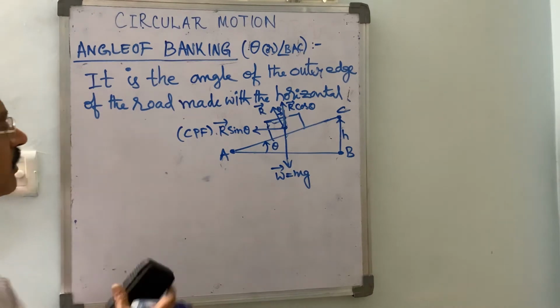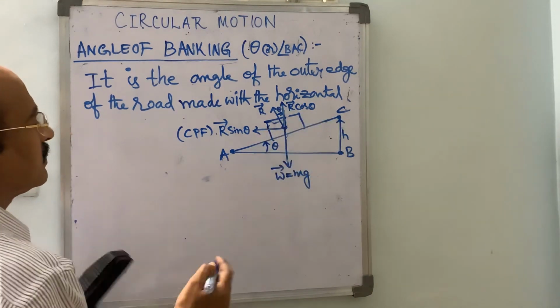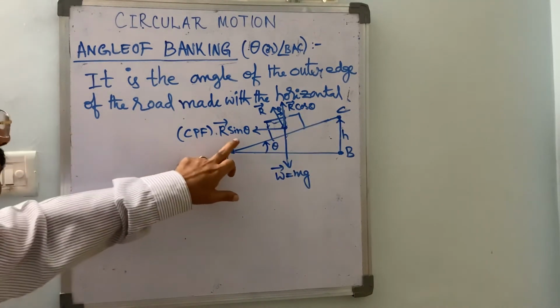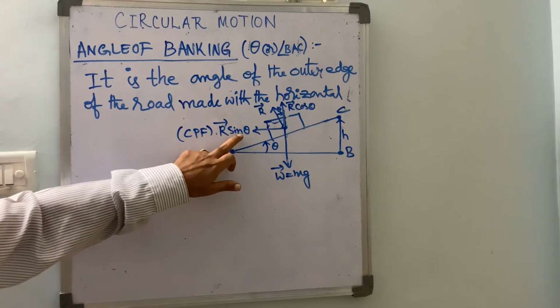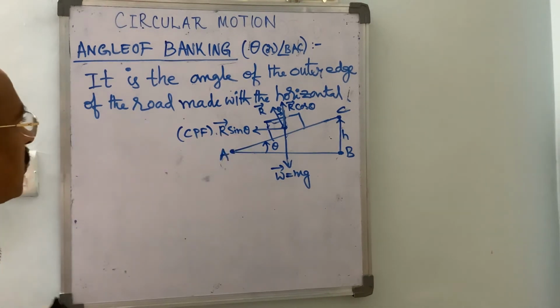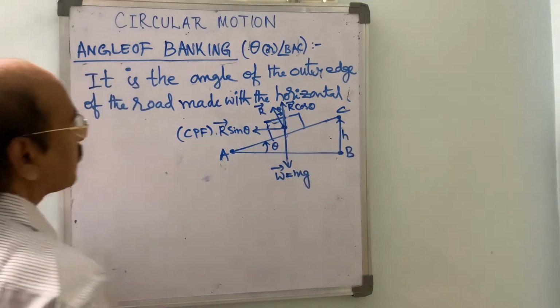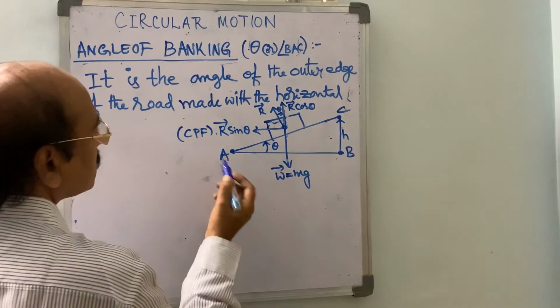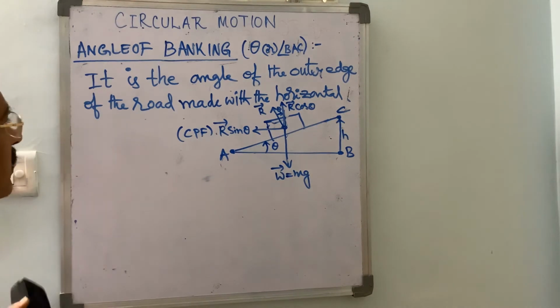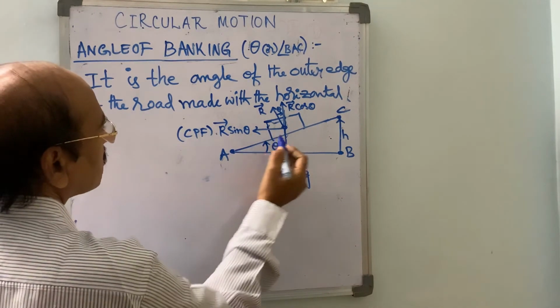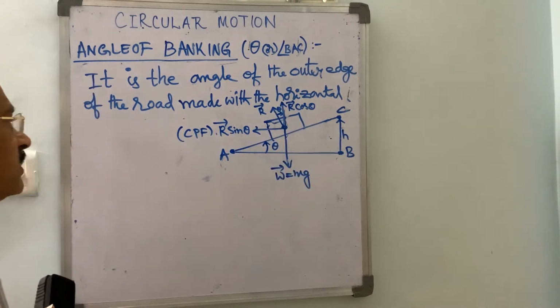The circular path has some center, and R bar sin theta acts towards that center. And centrifugal force acts in this direction, which is balanced by R sin theta.